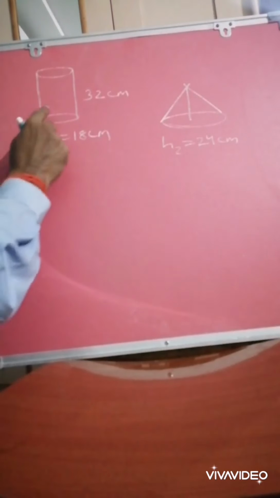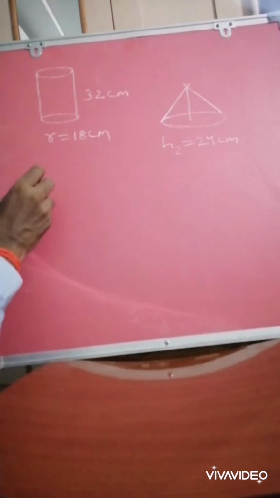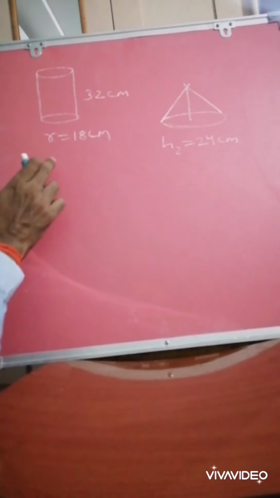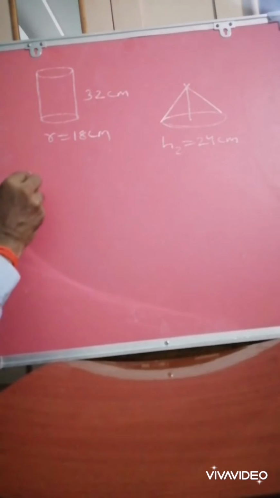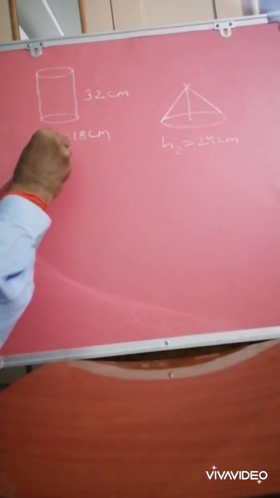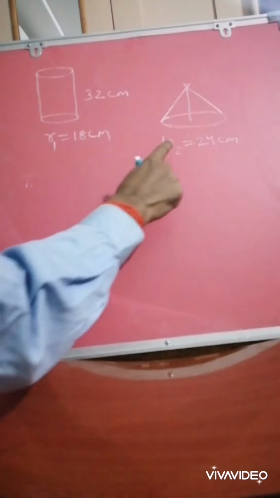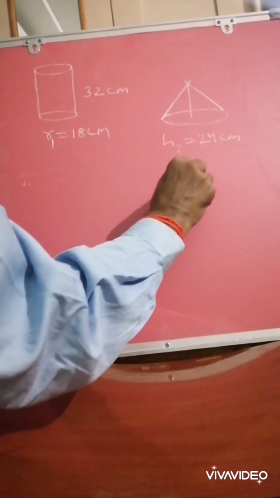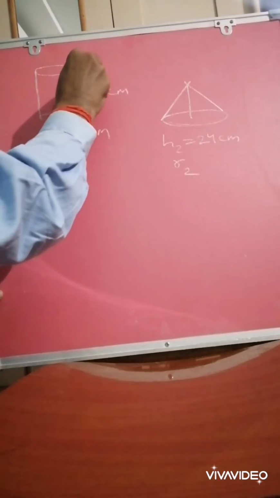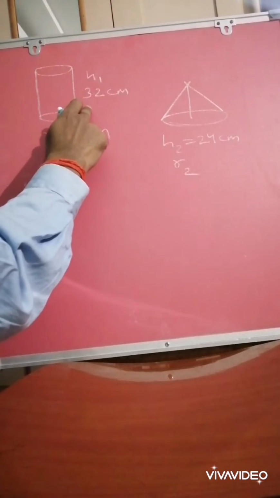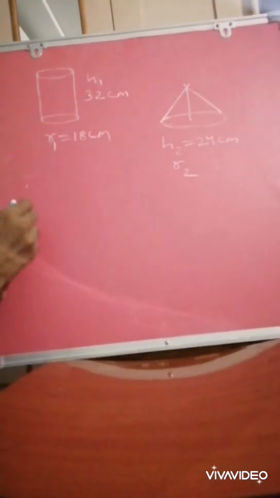So we will write the volume of the cylindrical bucket, formula pi r square h. Take radius 1 and radius 2, height 1 is 32, height 2 is 24.